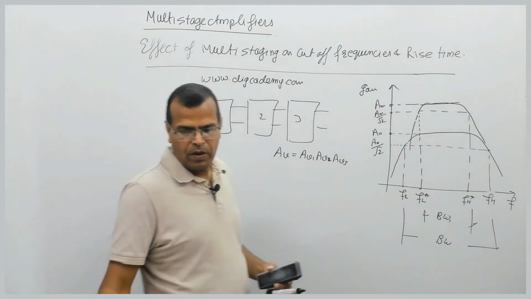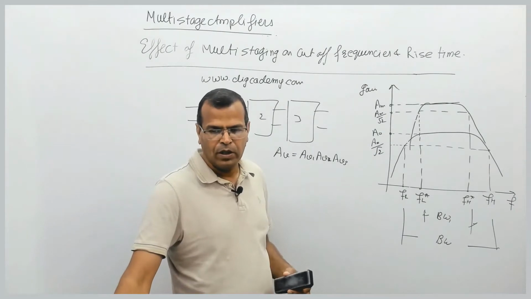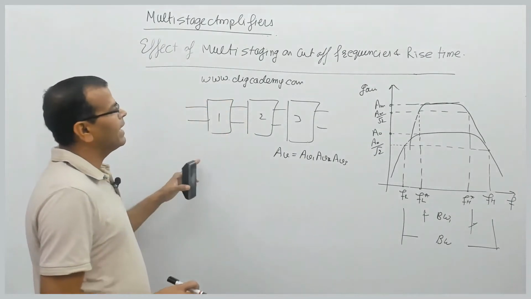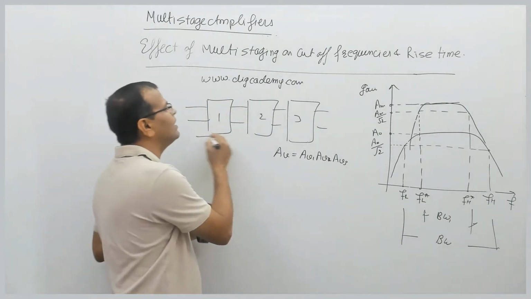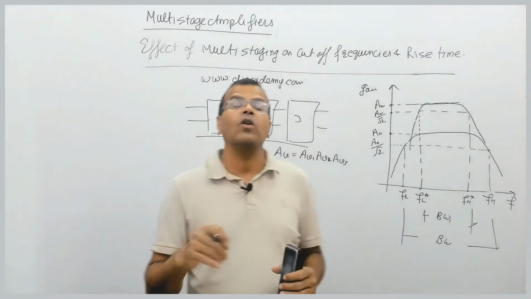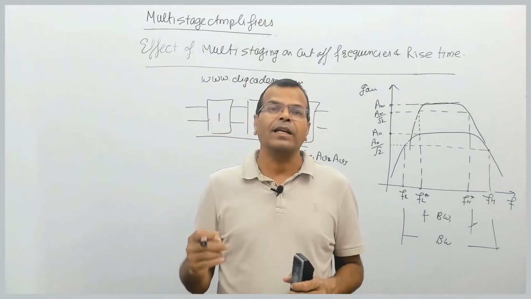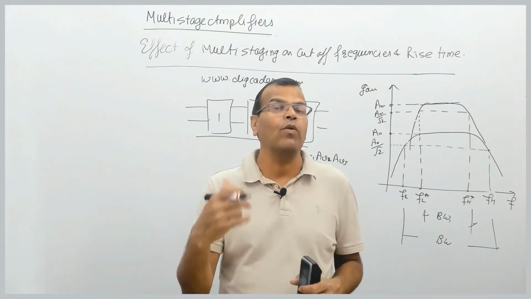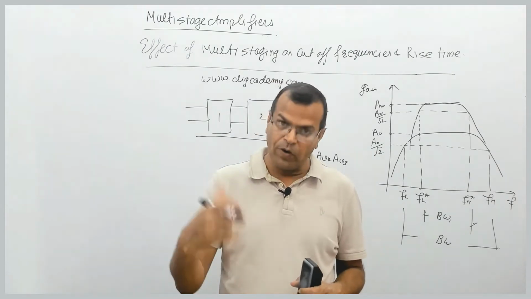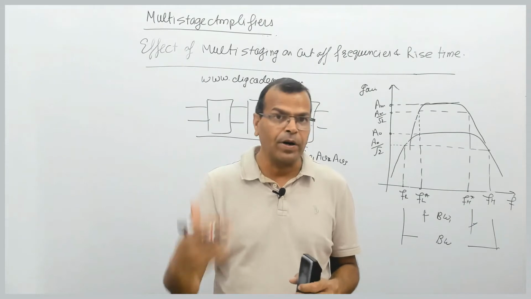Now let us talk about the next one. Suppose these are not identical. In that case, you have understood the concept of overall lower cutoff frequency and overall upper cutoff frequency.